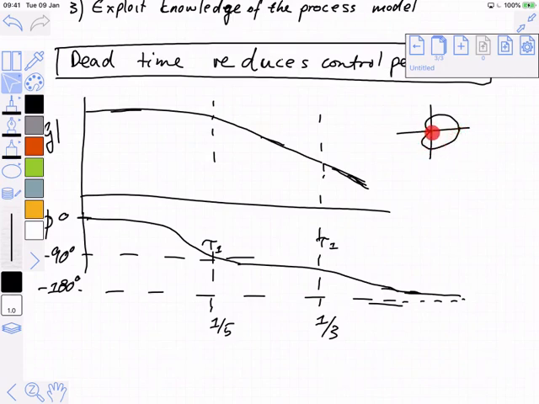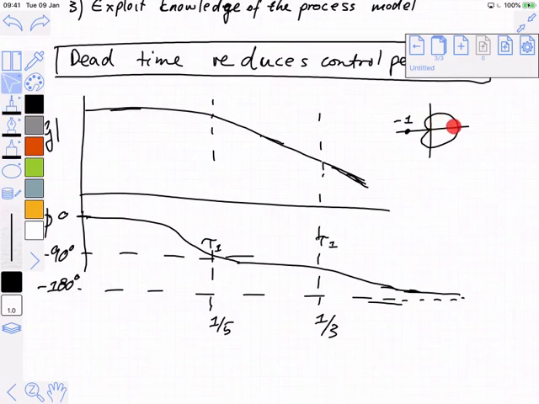And remember, in the Nyquist stability criterion, we're looking for encirclements of the minus 1 point. You can see it doesn't matter how big this shape becomes, it never touches the minus 1 point because it has that heart shape, and the heart goes to zero at minus 180 phase.